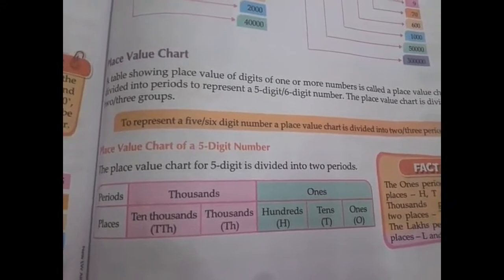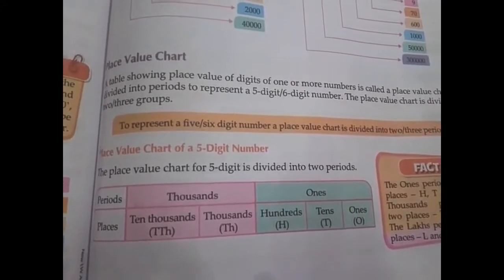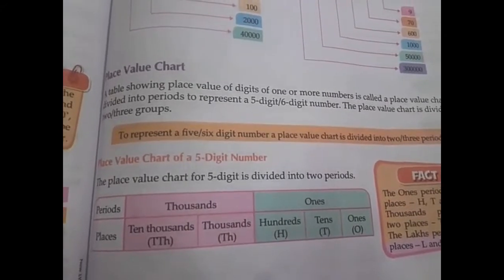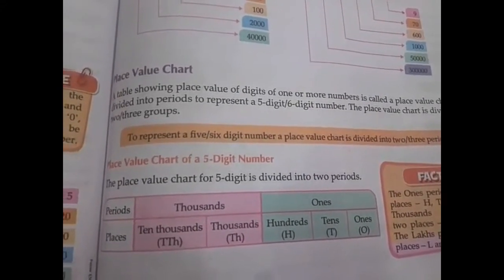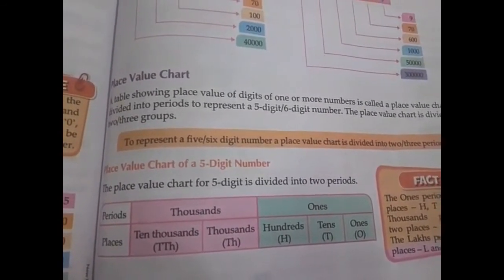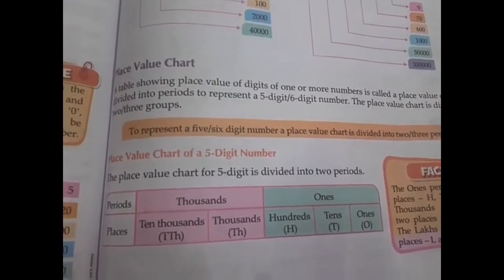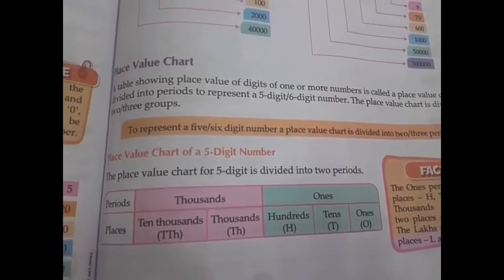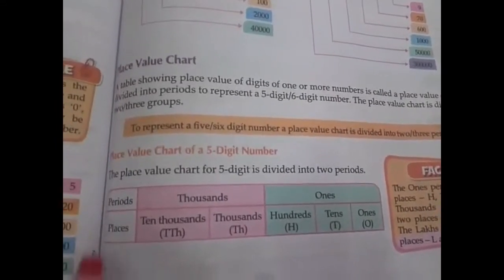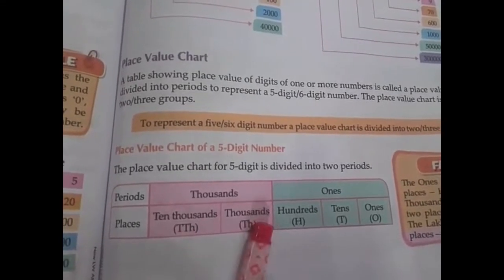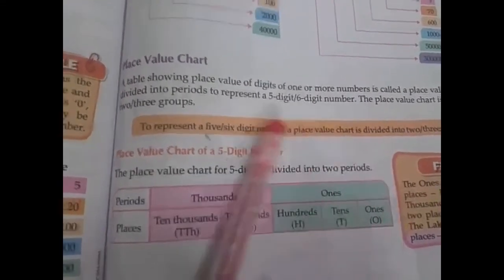The place value chart is divided into periods to represent a 5-digit or 6-digit number. See here the place value chart. Here the place values are ten thousands, thousands, hundreds, tens, ones.